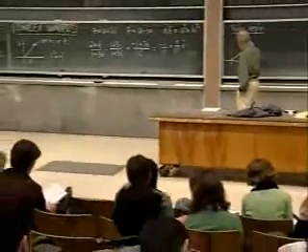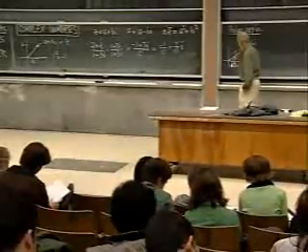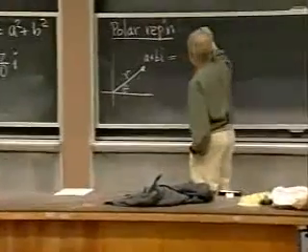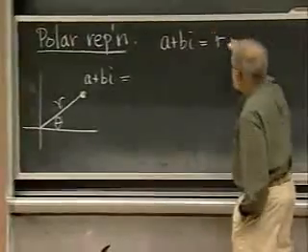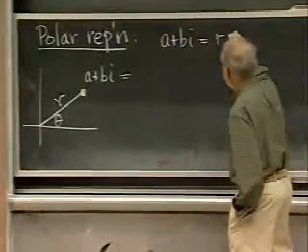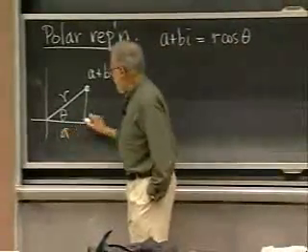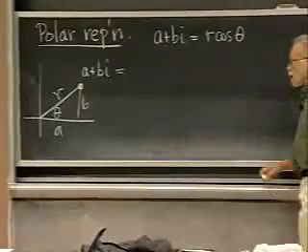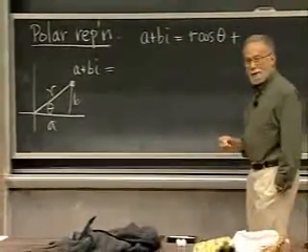If here's a plus bi, then this is r, and that's theta, and therefore this can be written in the polar form as r cosine theta, that's the a part, plus the b part, the imaginary part, r sine theta times i.